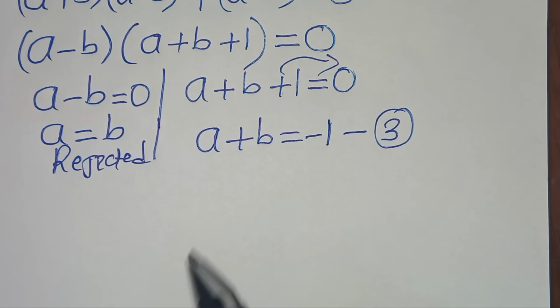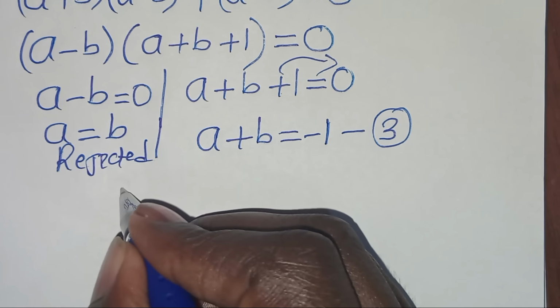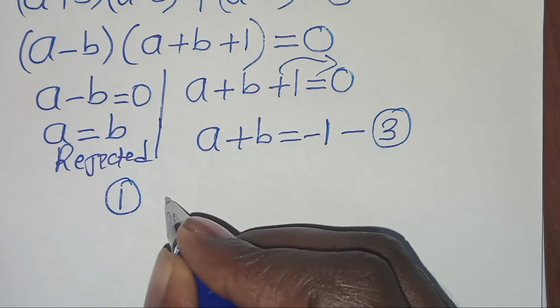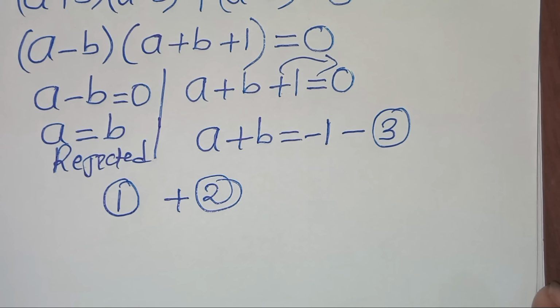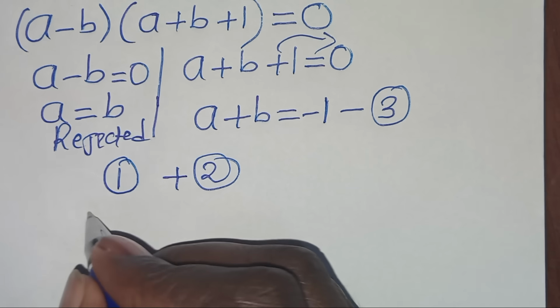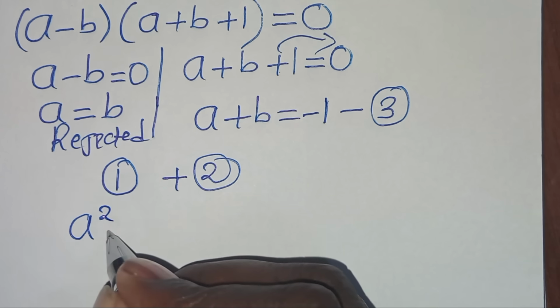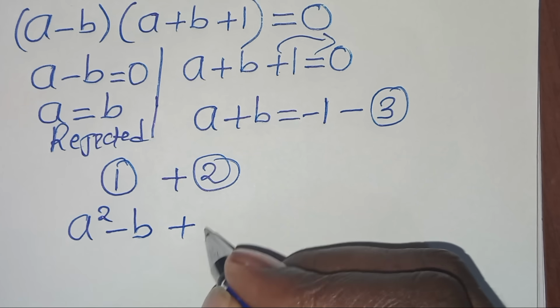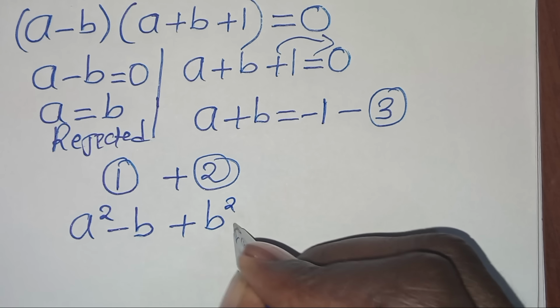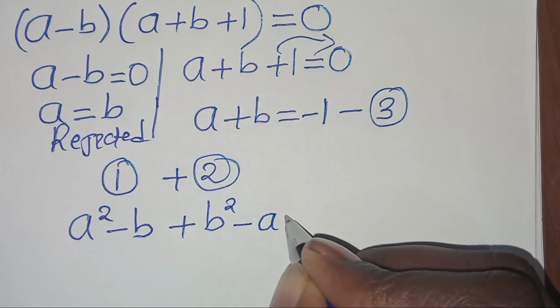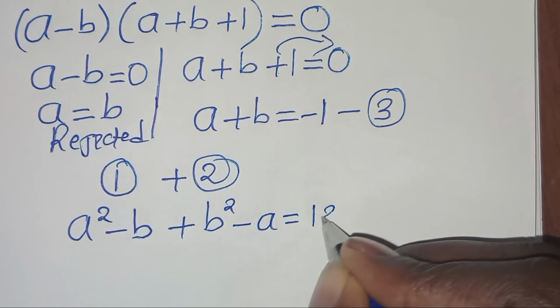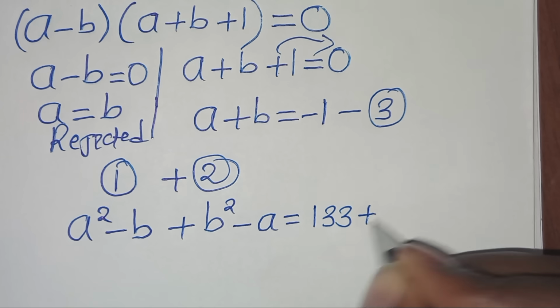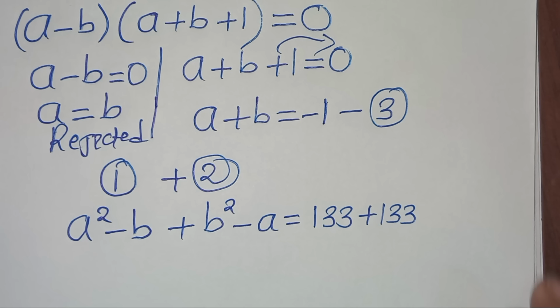Now, the next step from here, let's add equation 1 with equation 2. So equation 1 is a squared minus b, plus equation 2, which is b squared, subtract a. This is equal to 133 plus 133.